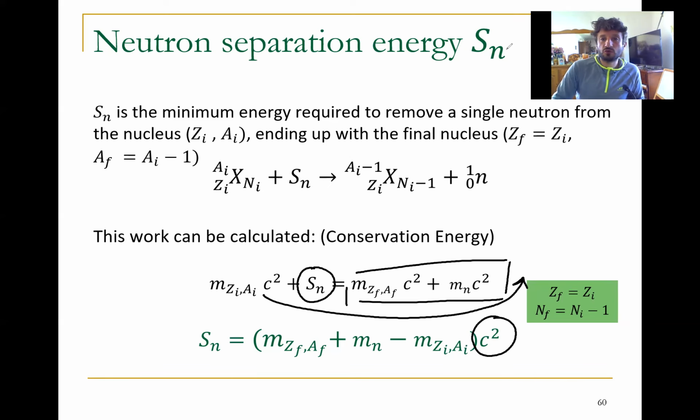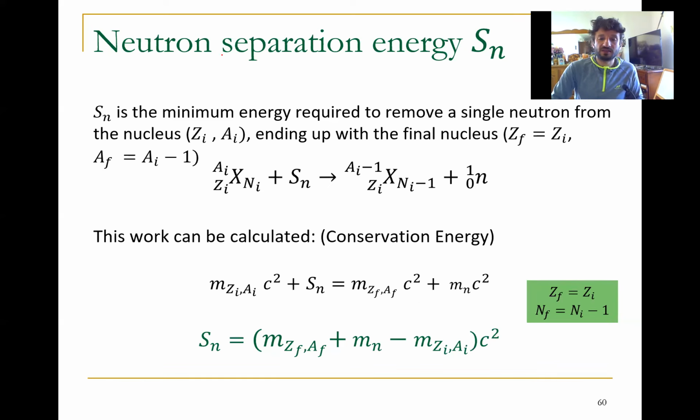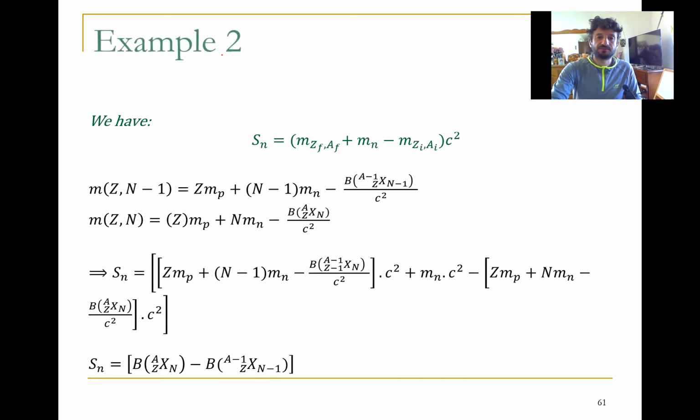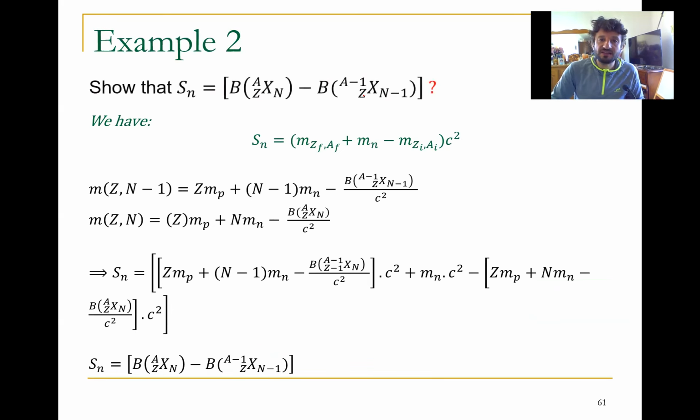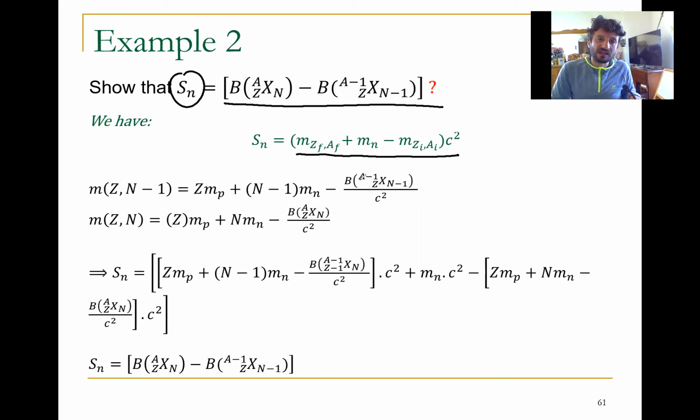Now I ask you to find another expression. Show that Sn, which is equal to this expression, equals the initial nuclear binding energy minus the final nuclear binding energy. You know, for each nucleus, we have a certain quantity of binding energy.